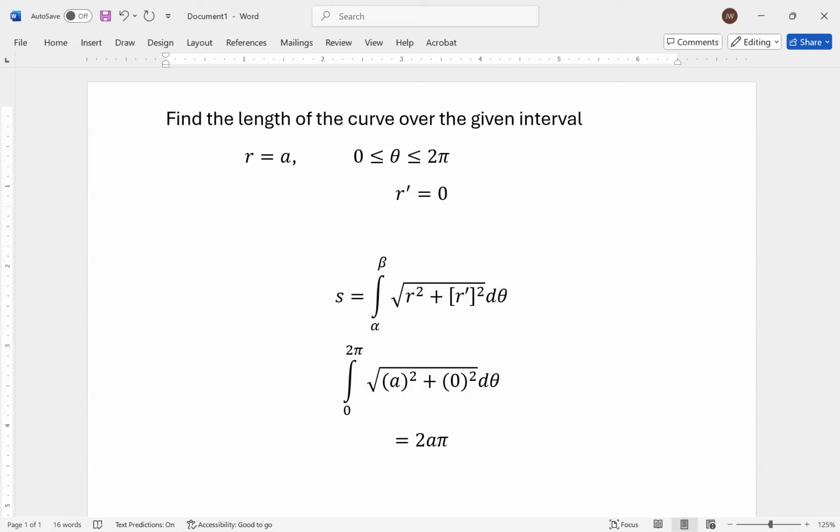I'm doing this in my head, but you could do it by hand. I'm skipping a few steps, but that's what's happening. So there we go. We confirm that the circumference of a circle is in fact 2 times radius times pi.